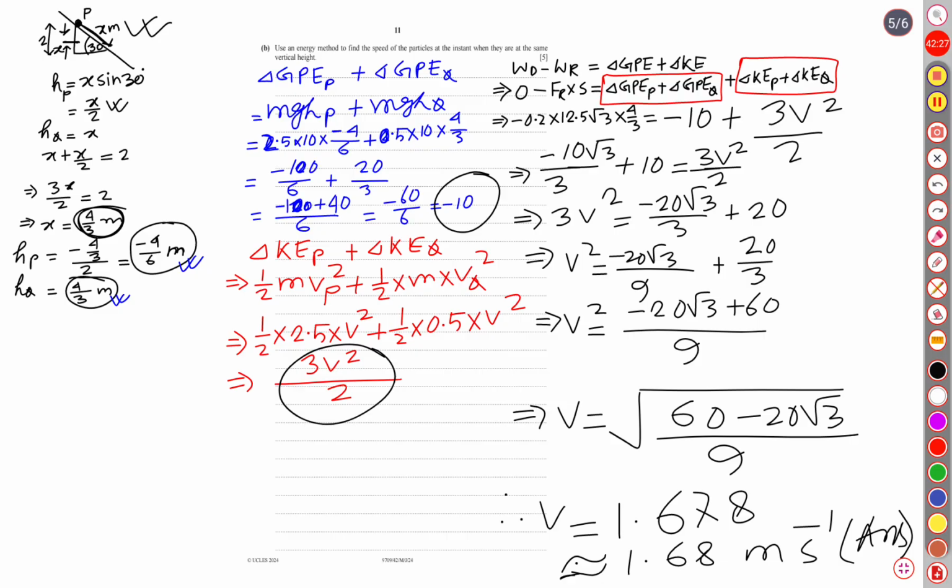As there are two different particles, we will have to find the sum of the total change in GPE of both particles, then the sum of the total kinetic energy of both particles. Then we applied the formula: work done by driving force minus work done by resistance force equals change in GPE plus change in KE.